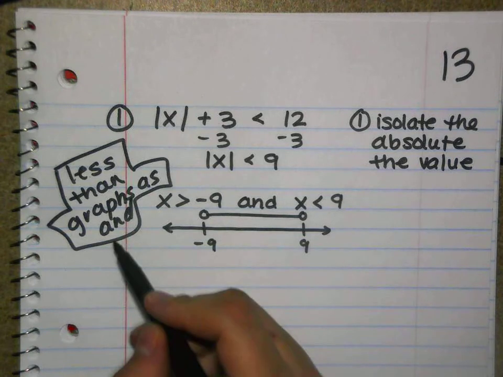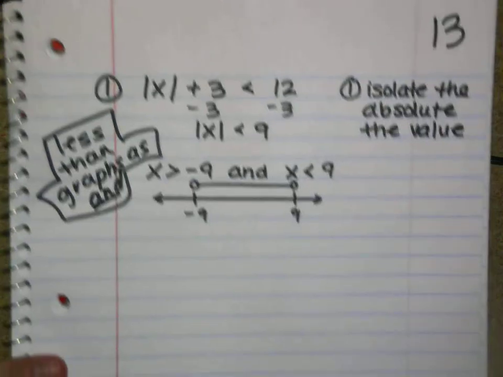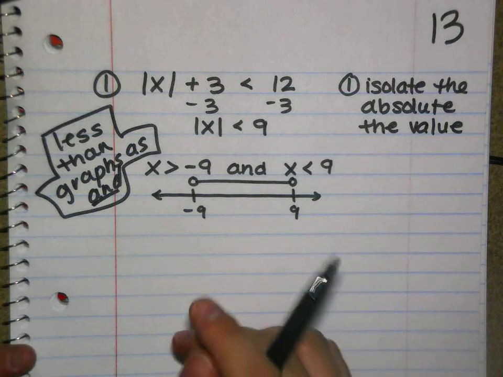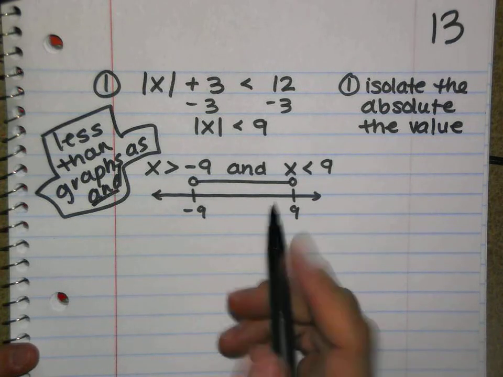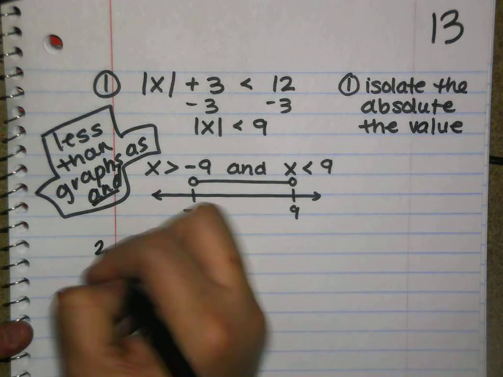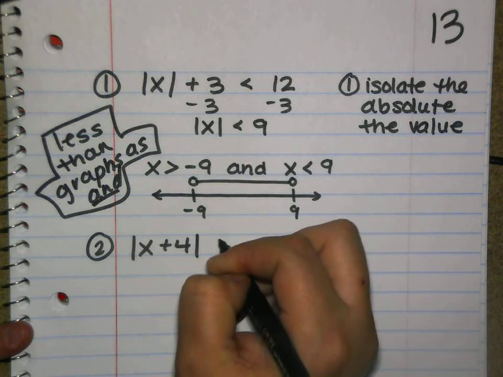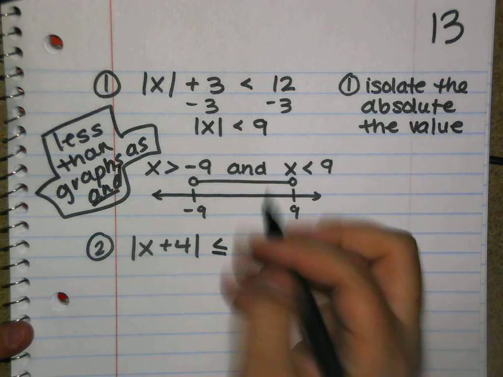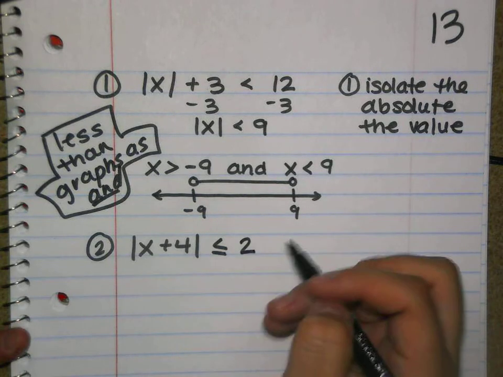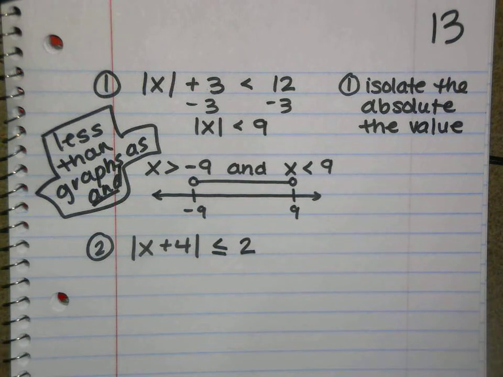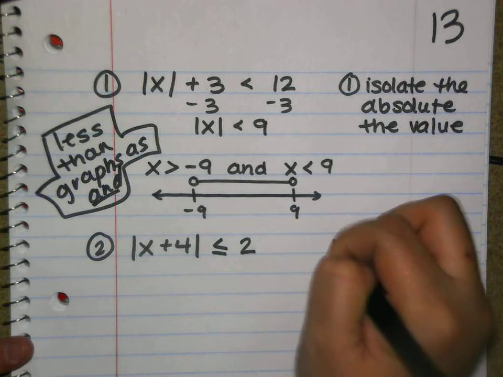Okay, so what if we have something that has more than that inside? So we have the absolute value of x plus 4 is less than or equal to 2. Okay, so we have an isolated absolute value. So now you're going to break it into 2. We're going to split it just like we would split it when we had absolute value equations.